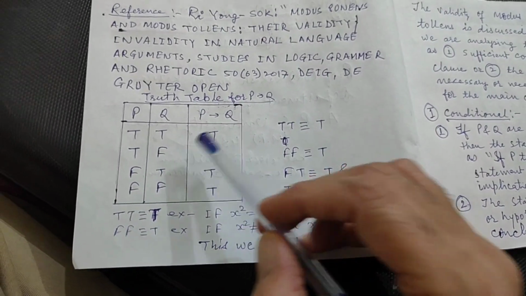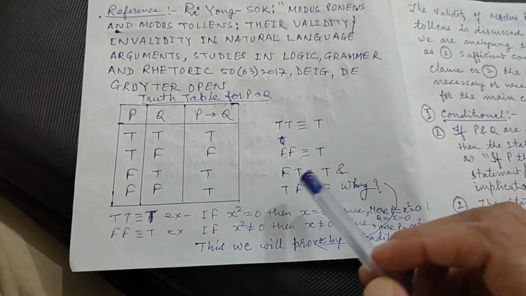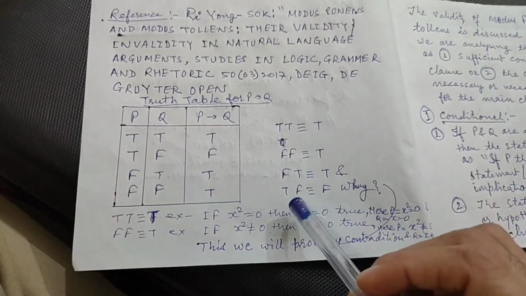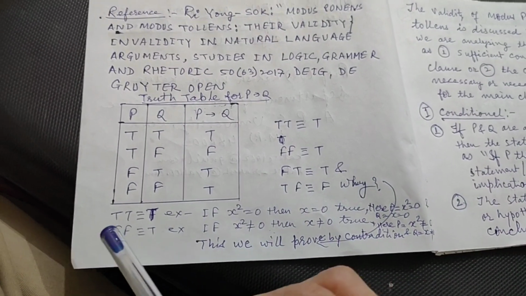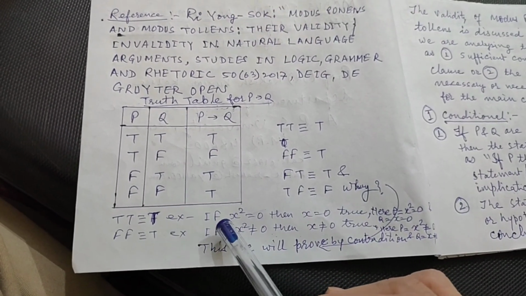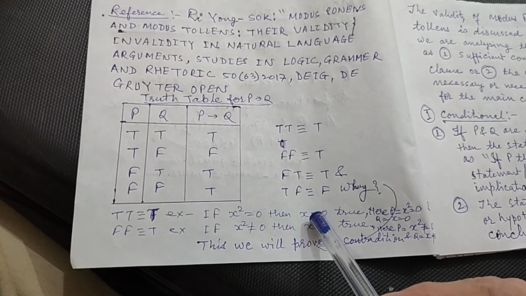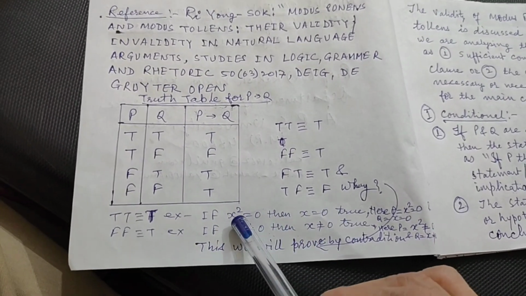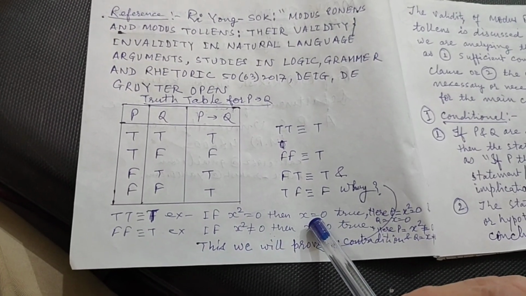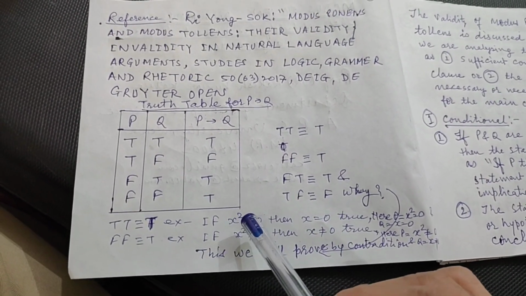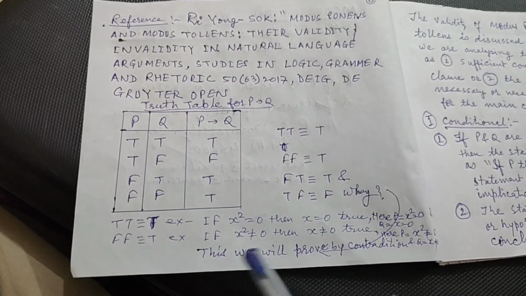What we found here is TT is T, FF is T, FT is T, TF is F. TT is T. Example: if x square is equal to 0, then x is equal to 0. If P is x square is equal to 0 and Q is x is equal to 0, then P is true, Q is true, so this statement is true.